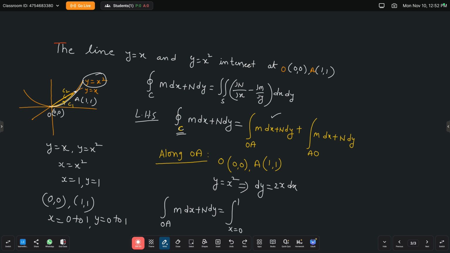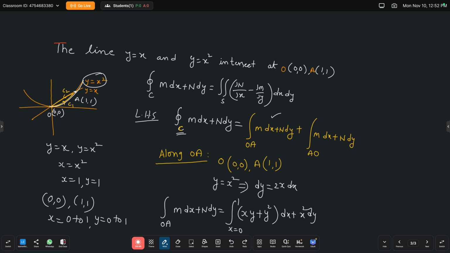Already, in M dx plus N dy, what is M here? M is equal to xy plus y square, dx, plus x square dy.